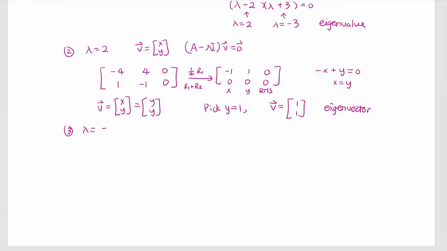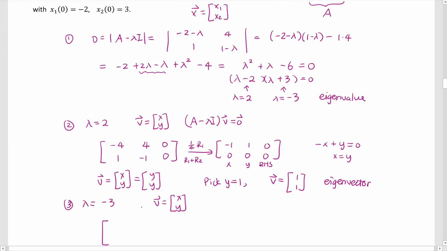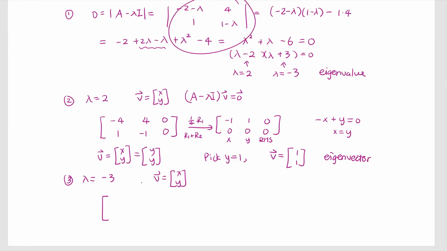Okay. Let's continue. Lambda equals negative 3. Okay, so v is x, y. What is the augmented coefficient matrix? So look at this guy, right? Negative 2 minus negative 3 is like negative 2 plus 3, so 1. And then we have 4. 1 minus negative 3 is like 1 plus 3, so 4.